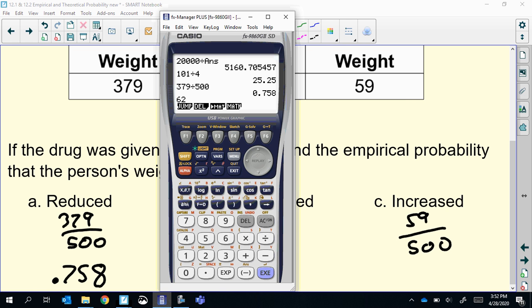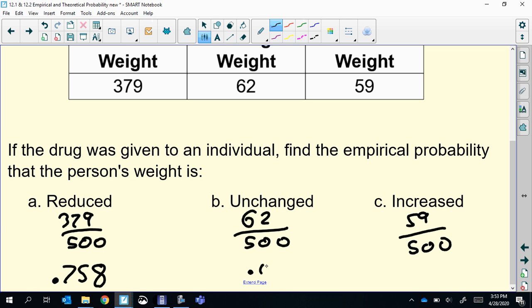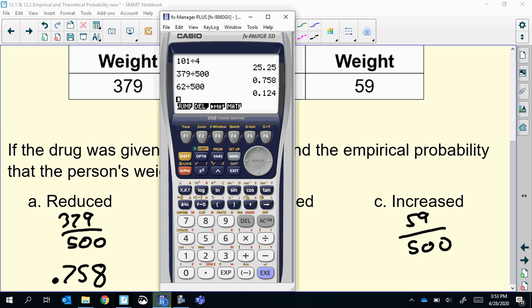Next one is 62 out of 500. That's 0.124. And then this last one here, 59 out of 500, it's 0.118.